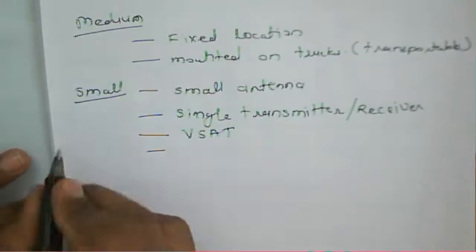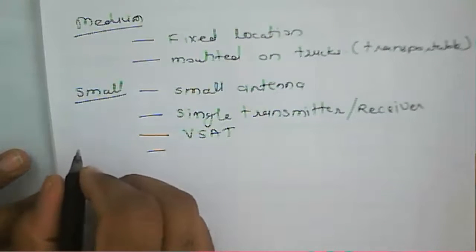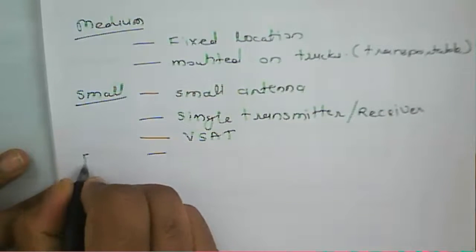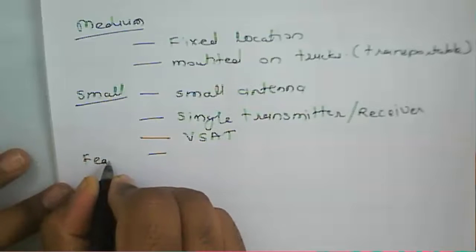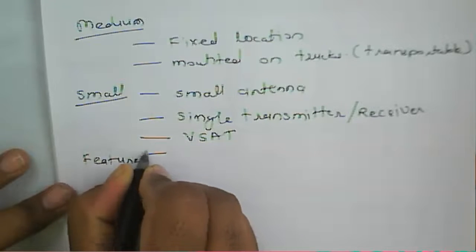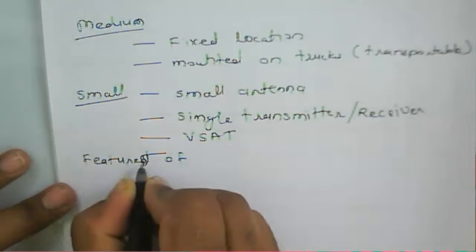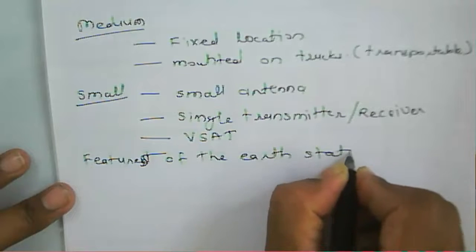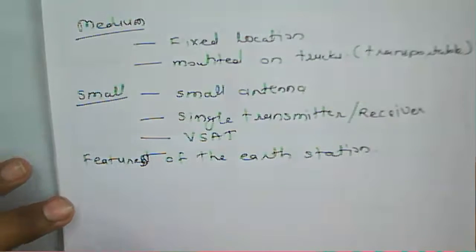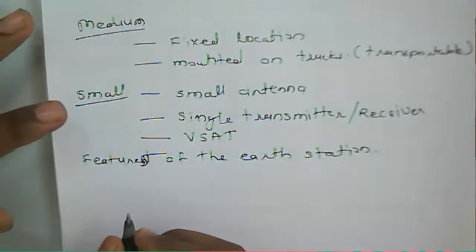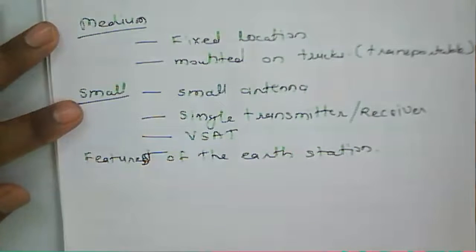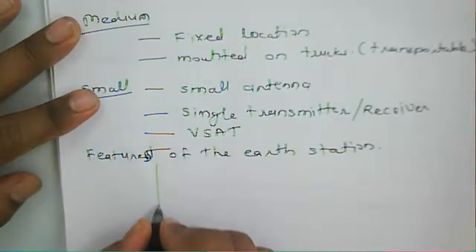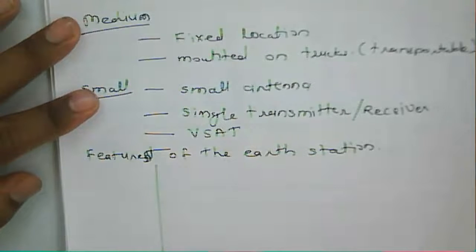So based on that, we have the types of earth station, and now we will talk about the features of an earth station. The features of an earth station are based on the different types of earth station, which depend upon the antenna.